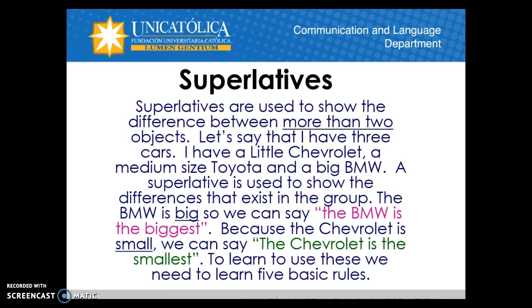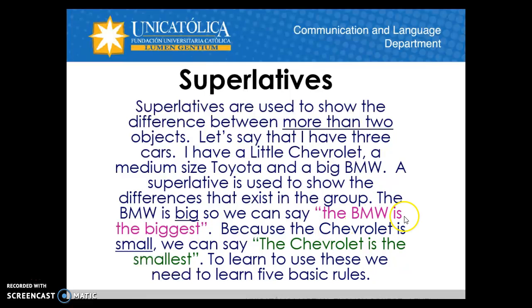Superlatives. Superlatives are used to show the difference between more than two objects or two people. Let's say that I have three cars. I have a little Chevrolet, a medium-sized Toyota, and a big BMW. A superlative is used to show the difference that stands out in the group. The BMW is big, so we can say that the BMW is the biggest.